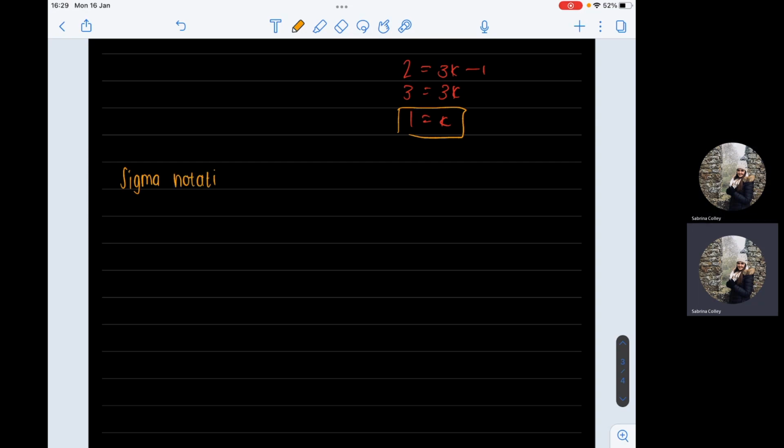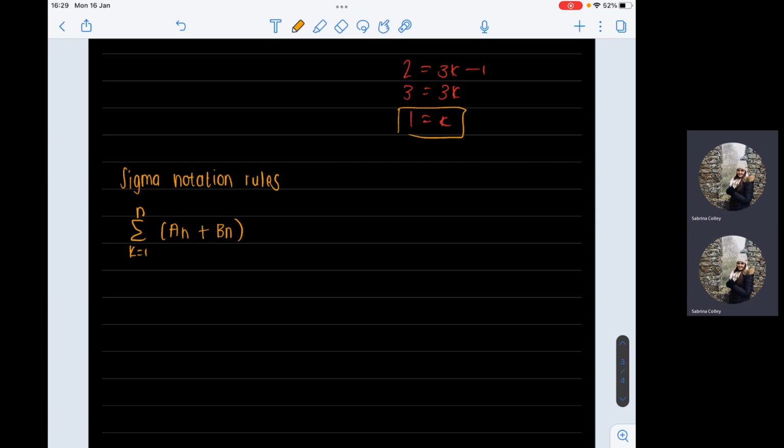If I've got the sum from k equals 1 to n of two sequences added together, then I can take the sum of the first sequence and add the sum of the second. Say a_n is equal to 2k plus 1, and b_n is equal to 3k plus 2.